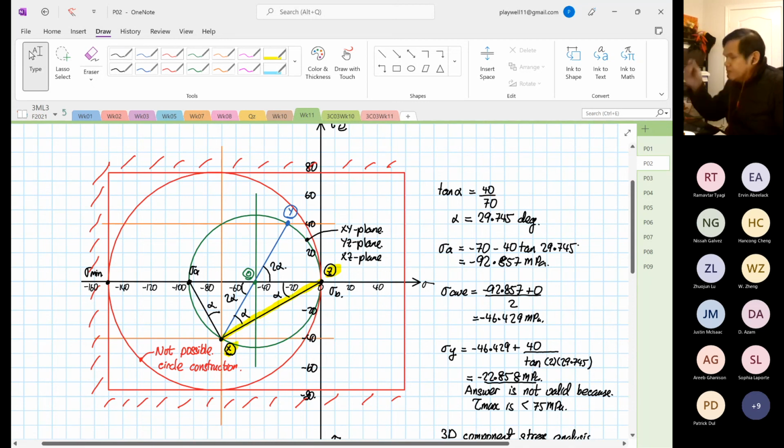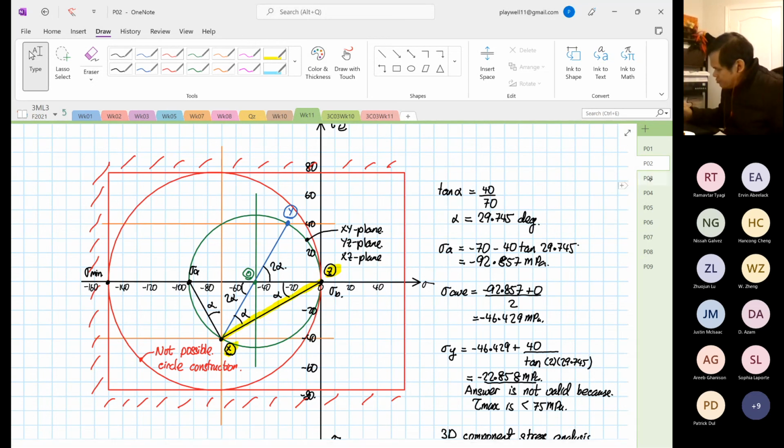By the way, I've been teaching this course since 2008, combining 3D analysis and 3D Mohr's circle. Every time students initially have some problems understanding the concept, you have to spend more time on this. This is critical, because this is real engineering work.